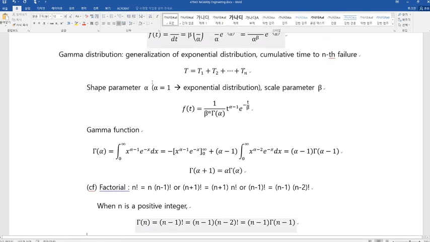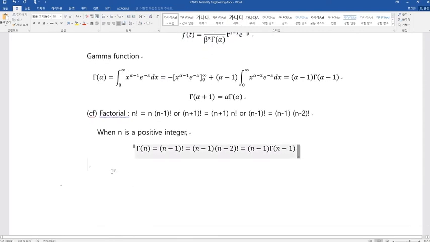To understand why this function is derived for the gamma distribution, maybe we need to understand how an Erlang distribution is derived.